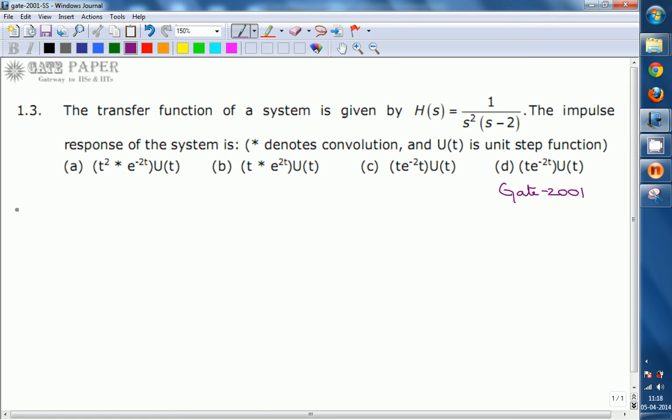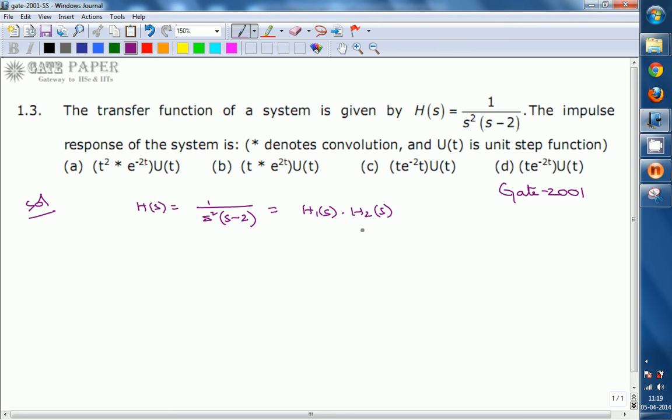Later we'll indicate the answer. So coming to the solution, here given that H of s equals 1 by s square into s minus 2. Here I am writing that this H of s equals H1 of s into H2 of s.